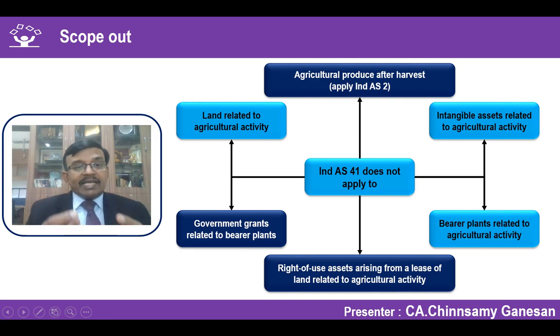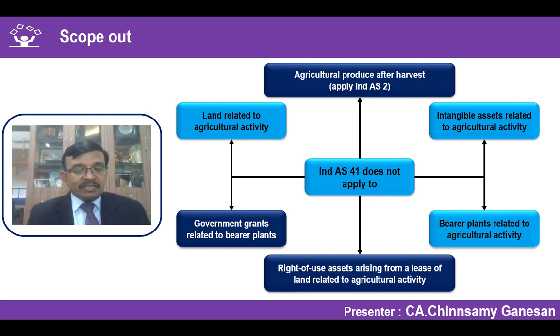For example, I am taking a know-how where the plants will be giving more outputs. So that technical know-how which I am taking for my agricultural activity could be part of my intangible asset relating to agricultural activity, but that is not covered under this particular standard. It goes to Ind AS 38 intangible assets.